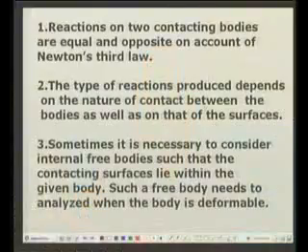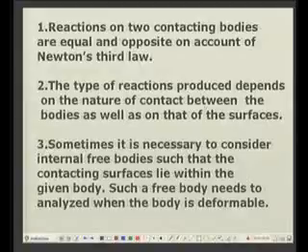Now, let us summarize about the free bodies. Reactions on two contacting bodies are equal and opposite on account of Newton's third law. We all know about it. Secondly, the type of reactions produced depends upon the nature of contact. As I said, sometimes the contacts are smooth, frictionless contacts, at other times they are rough contacts, that is, there is friction.